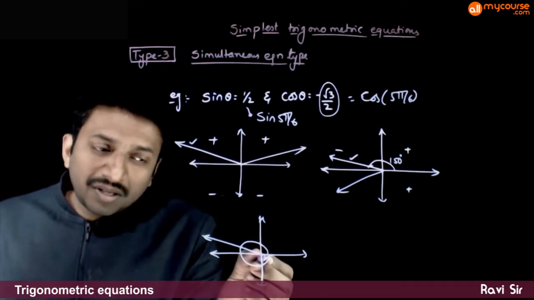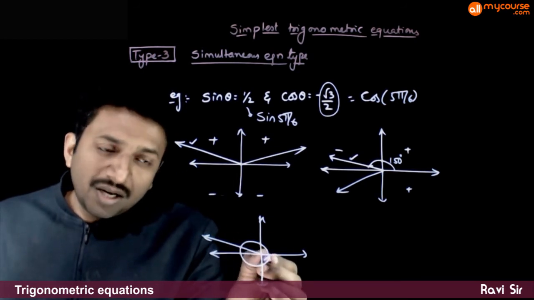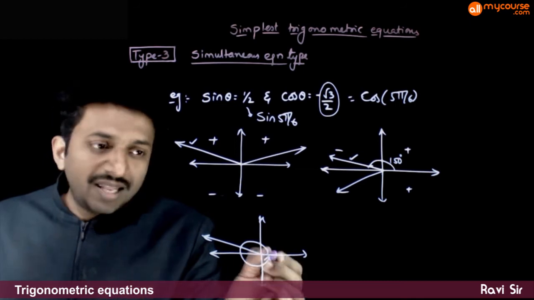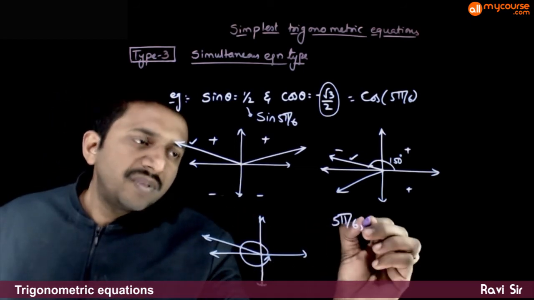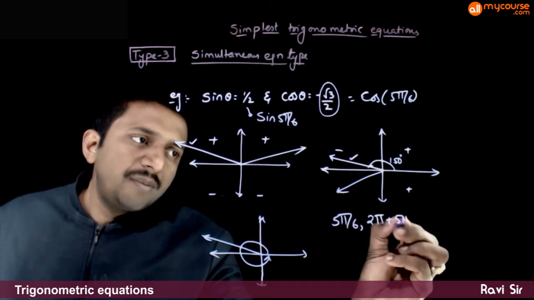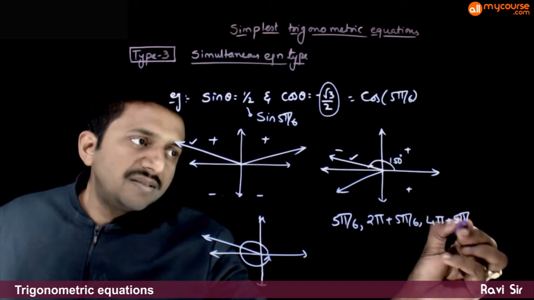So next revolution, next time you get the same position when theta is equal to 2 pi plus 5 pi by 6. Next time 4 pi plus 5 pi by 6. So 5 pi by 6 is an answer. Next revolution 2 pi plus 5 pi by 6. Next revolution 4 pi plus 5 pi by 6.